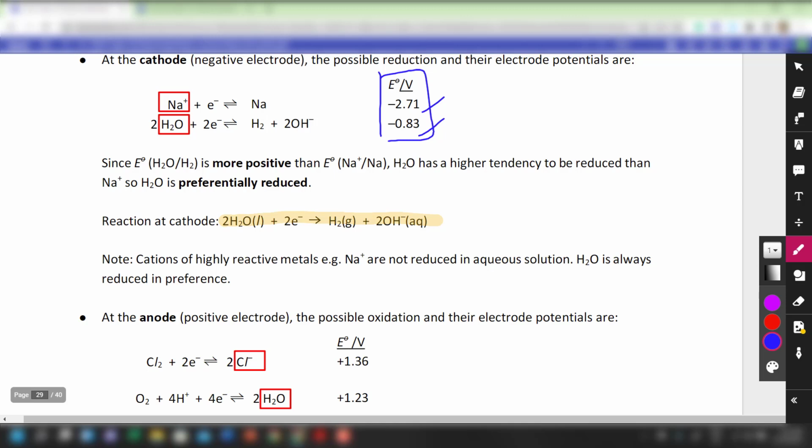If you are aware of that, then the production of metal in aqueous medium is therefore not possible. So none of us will predict that sodium plus will be preferentially discharged at the cathode.